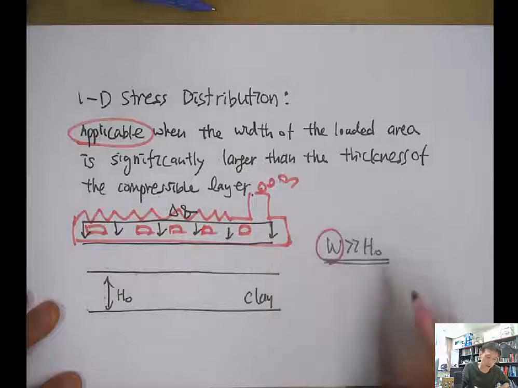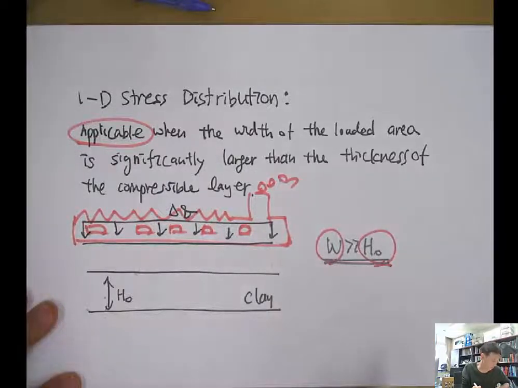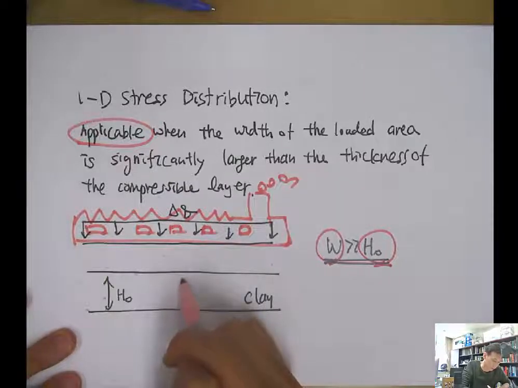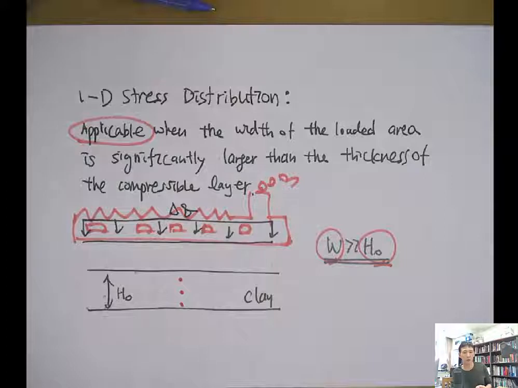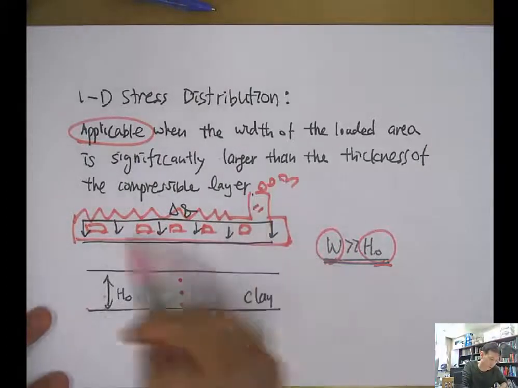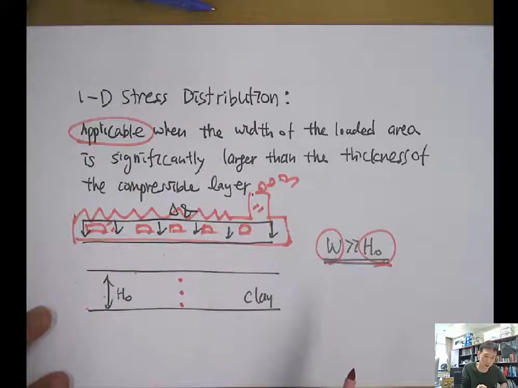The width of the loaded area is much larger than the thickness of the clay. So in this case, the effective stress increase or the total stress increase from this loading will stay constant over the depth.